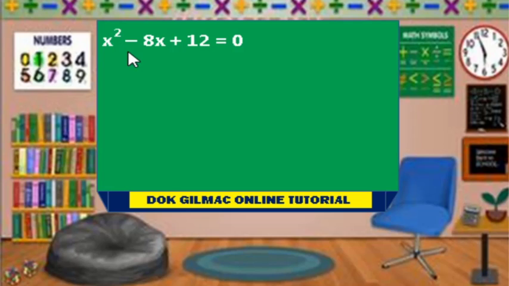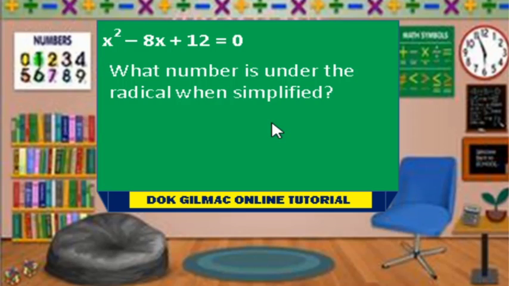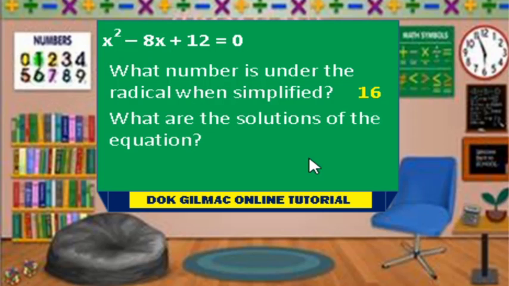Consider the example x squared minus 8x plus 12 equals 0. What number is under the radical when simplified? Yes, it is 16. What are the solutions of the equation? So we have positive 6 and positive 2.